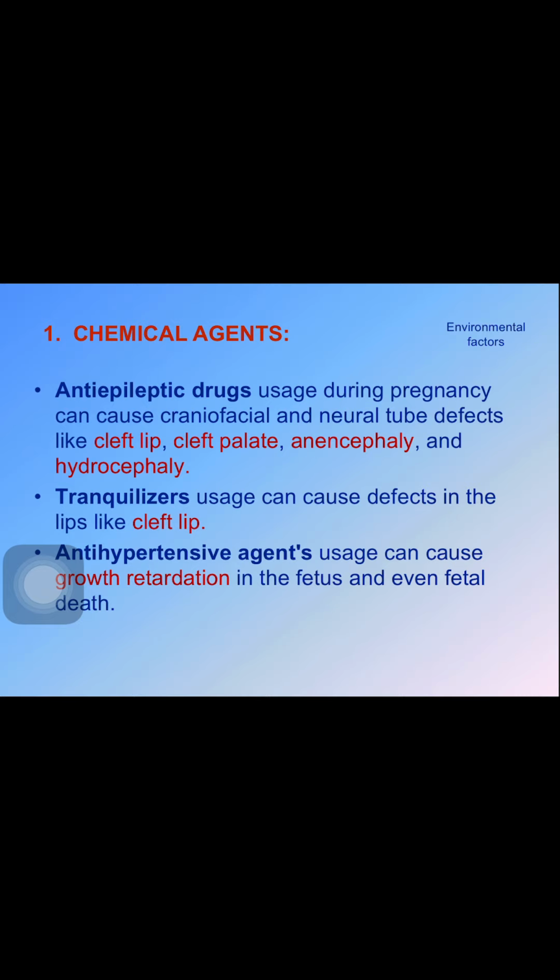Anti-epileptic drugs. These are drugs which are used to combat epilepsy, in which the person is suffering from wild, very gross tremors. So the use of antiepileptic drugs during pregnancy can cause craniofacial and neural tube defects like cleft lip, cleft palate, anencephaly, and hydrocephaly.